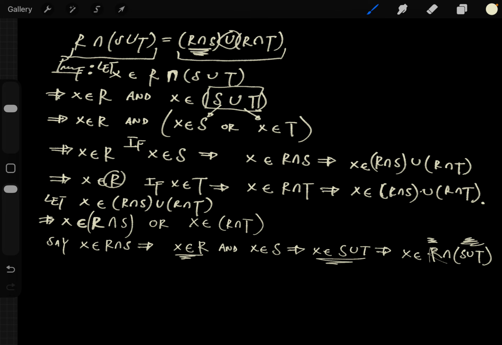But that's if X is in this piece, but X could be over here in this one.